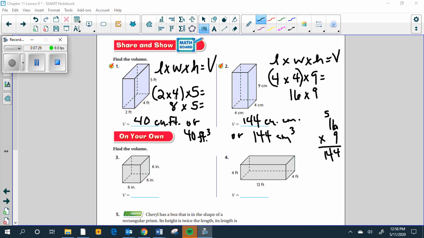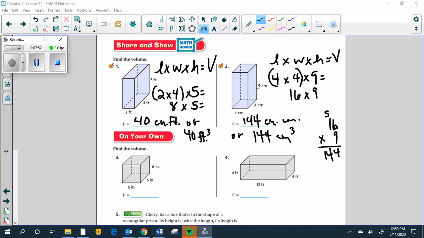The base times the height equals the volume. So in this case it would be 40. And our measure is feet. Volume is always in cubic units, so cubic feet. You might have written 40 cubic feet, or you might have written 40 feet cubed with the 3 as the exponent.